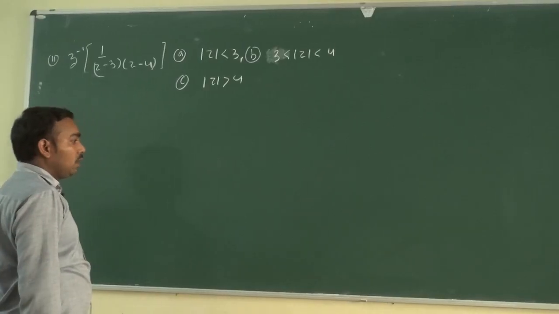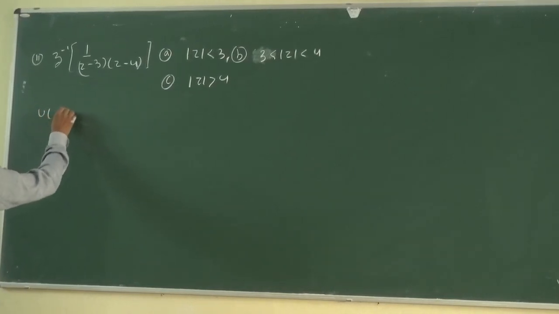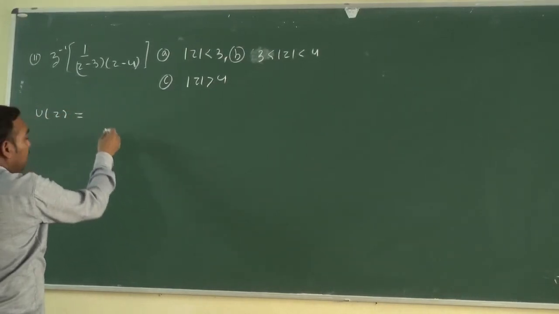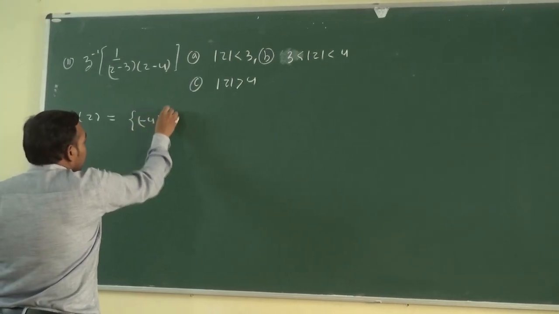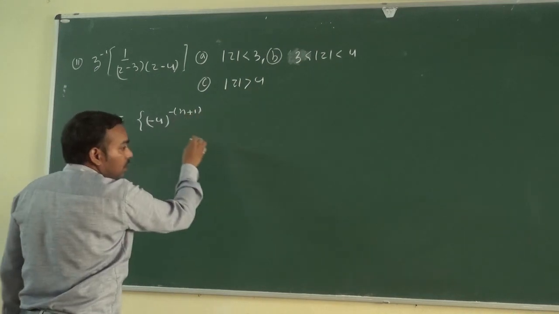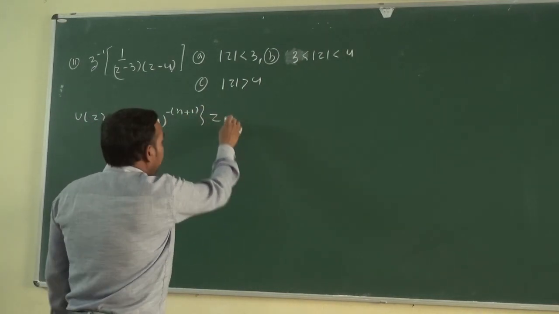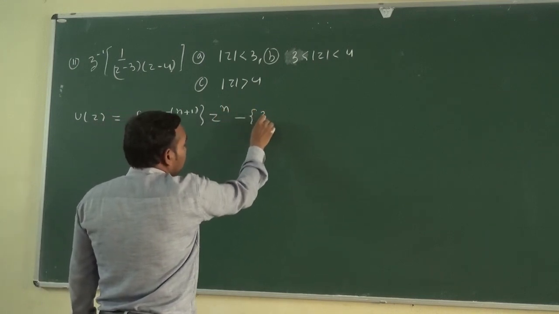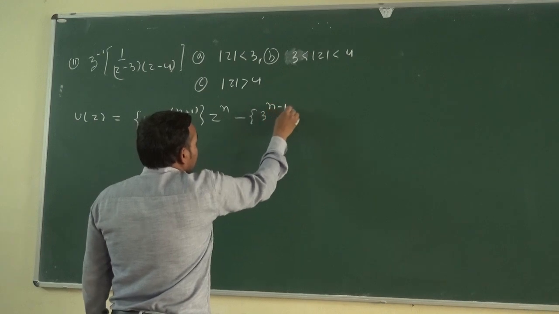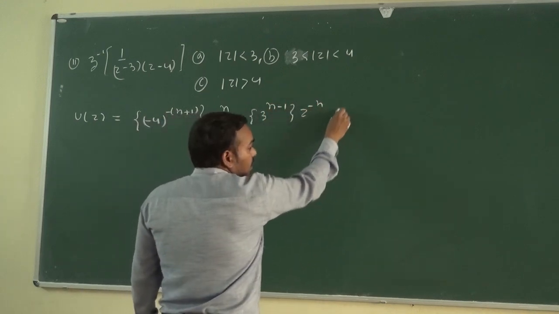So we finally get u of z in terms of a sequence equal to minus 4 to the power minus n plus 1 z to the power n minus 3 to the power n minus 1 z to the power minus n.